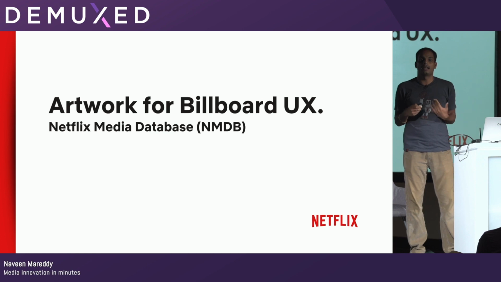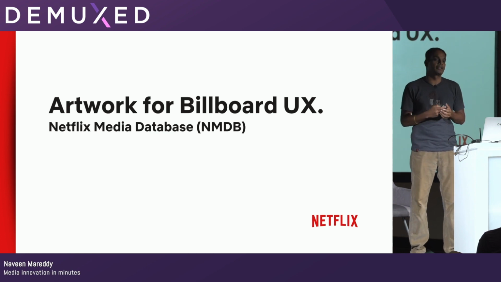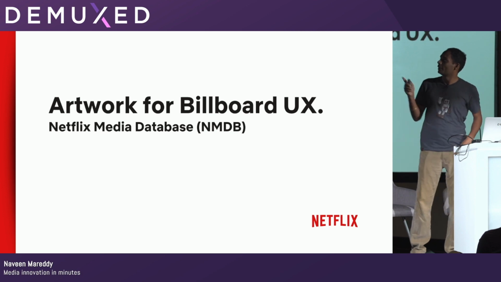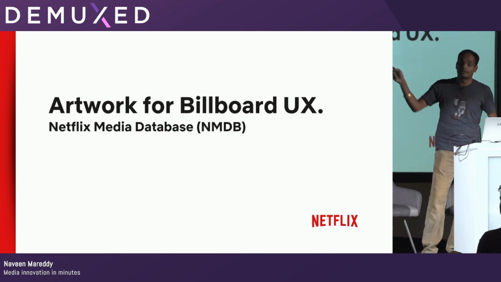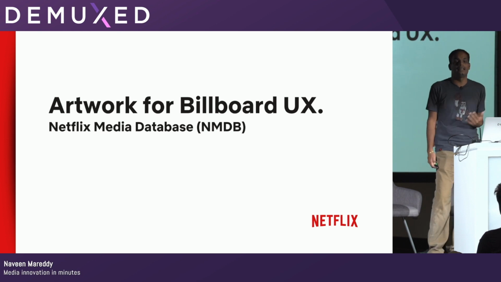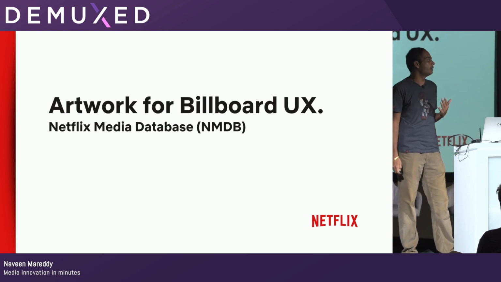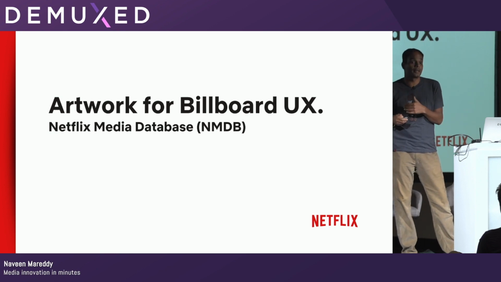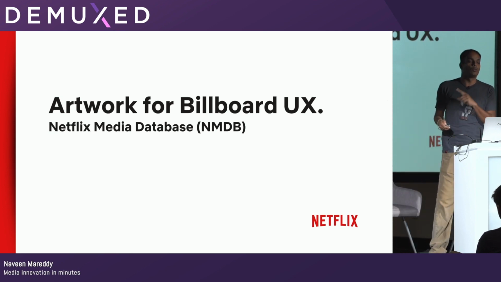An algorithm is run to find these high definition images. That innovation feeds into something called the Netflix media database. All the innovations in getting deep technical metadata about the media are maintained in the Netflix media database. I'm calling out one of those aspects, which is for the artwork.